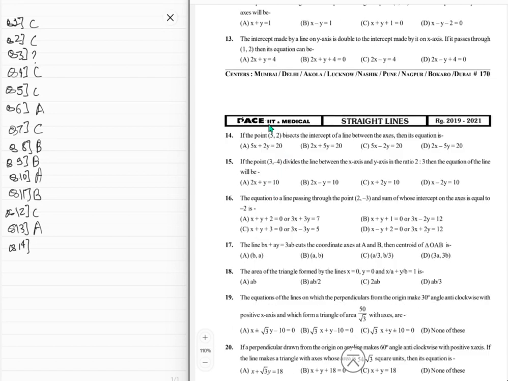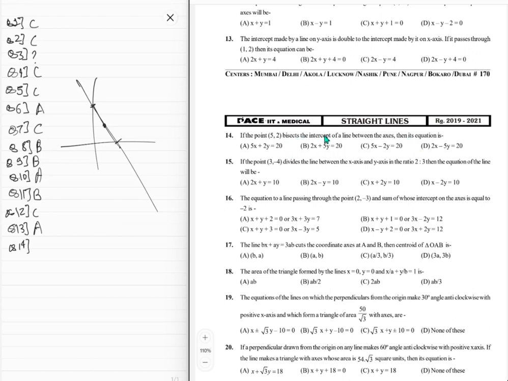Question number 14. If the point (5, 2) bisects the intercept of the line between the axes, then its equation is, okay. So this is your line, then this is the intercept between the axes, and this point is the midpoint of this segment, right? Then we need the equation of that line.